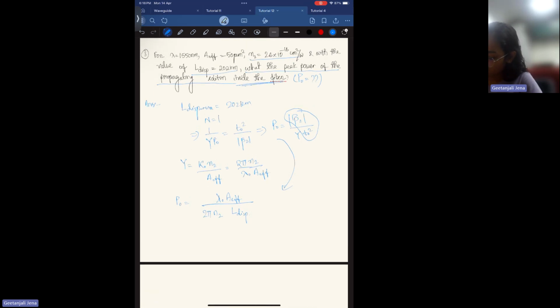Lambda is given, it is 1550 nanometer, and A effective is given as 50 micrometer squared. Then 2 pi into 2.6 into 10 to the minus 16 centimeter squared, and 202 kilometer.